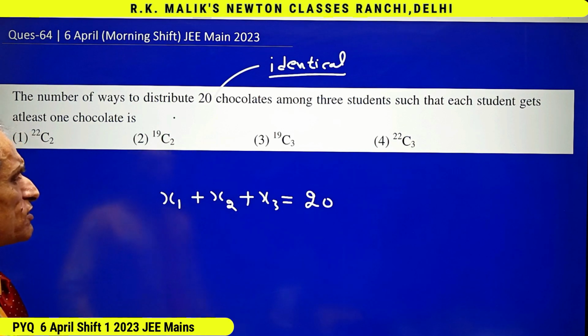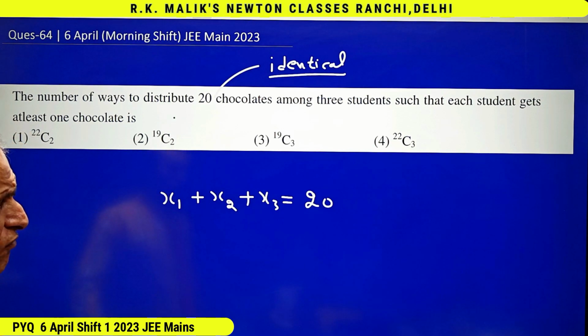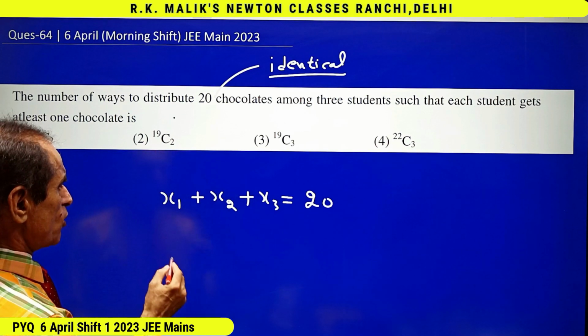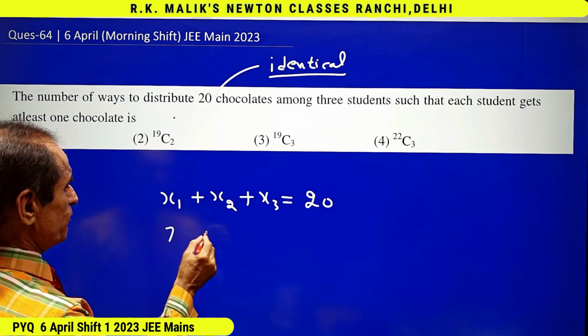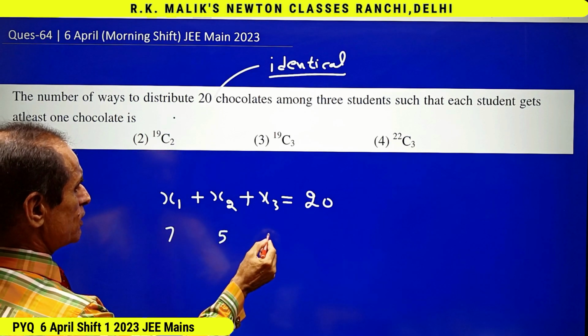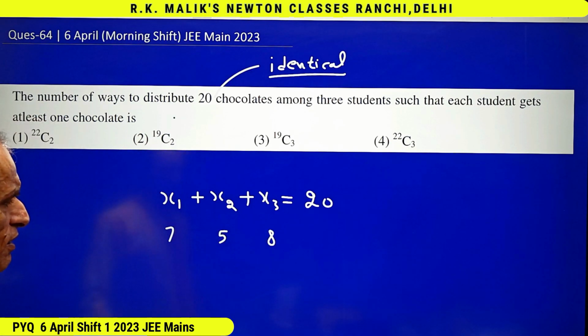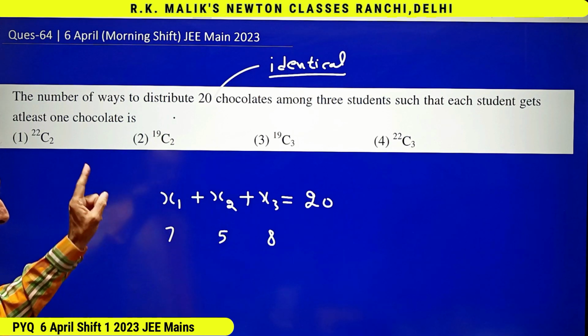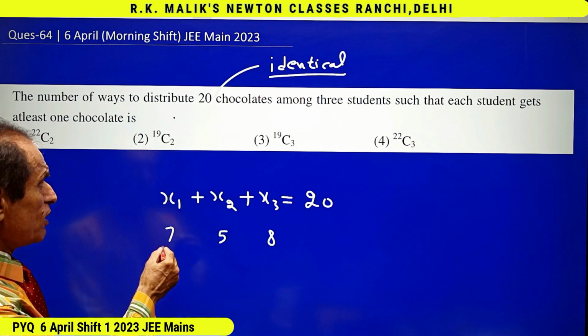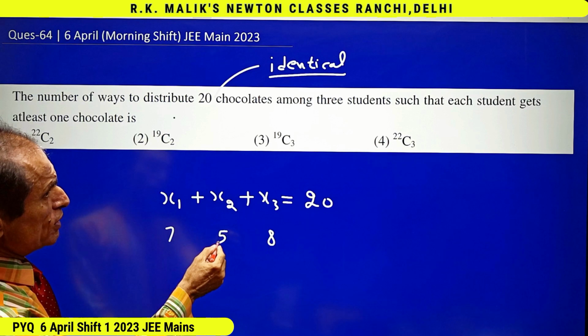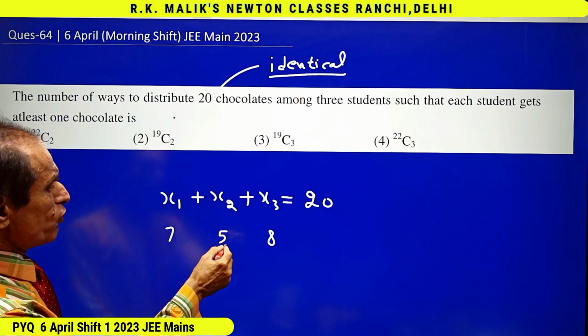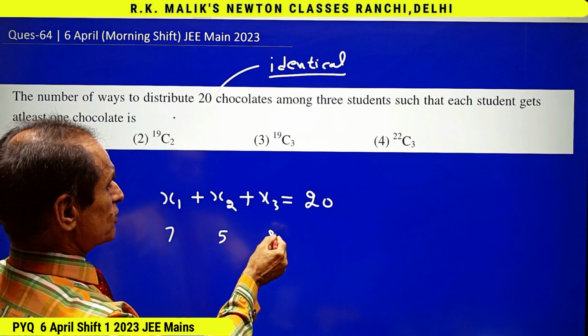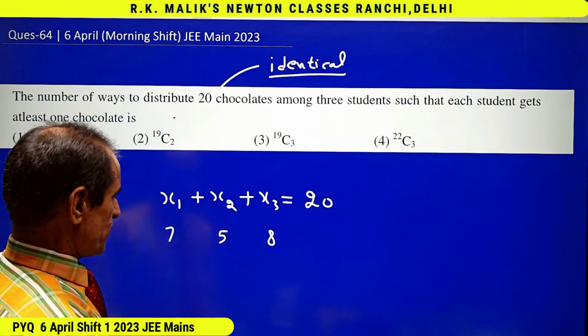Every solution of this equation indicates a way of distributing. For example, one solution is 7, 5, 8. It means the first student has got 7 chocolates, the second student has got 5 chocolates, the third student has got 8 chocolates.